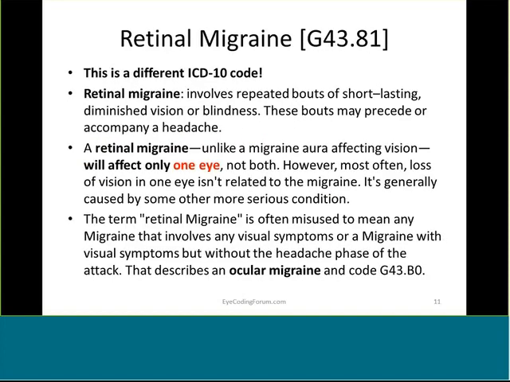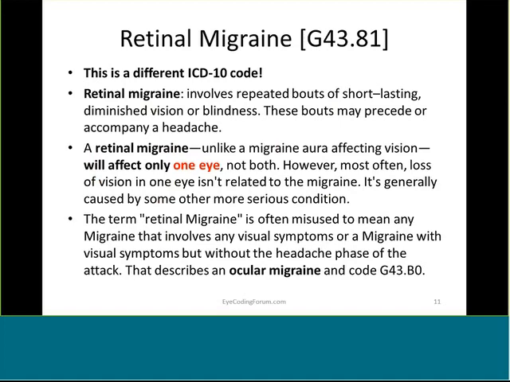Now, the retinal migraine, which is G43.81, this is a different ICD-10 code. And this usually involves repeated bouts of short-lasting, diminished vision or blindness. These bouts may precede or accompany a headache. Now, my understanding is that retinal migraines are very rare. They're just not that common. A retinal migraine, unlike a migraine affecting vision, will only affect one eye, not both.